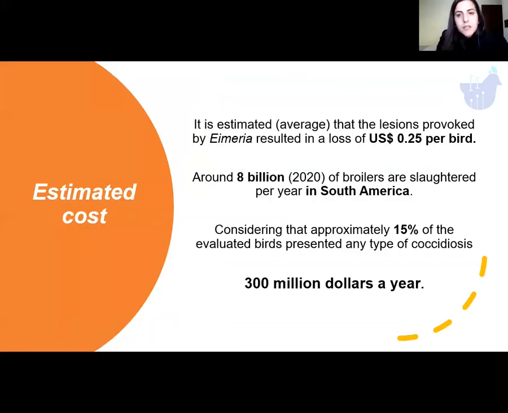So with this data, I made my own estimate for the lesions that we found last year. Considering an average of 55 cents per bird, and according to our government data, 8 billion broilers are slaughtered here in South America per year, and considering that we found 15% of the birds present any type of coccidiosis, we estimated $300 million a year is spent on coccidiosis cost.